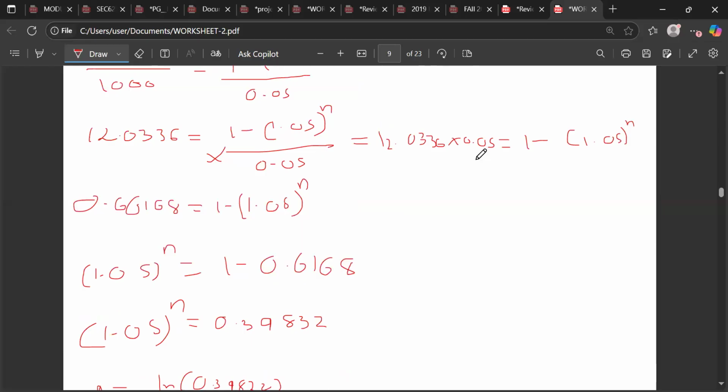Are we okay so far? Okay, so in short, we're trying to get rid of the 0.05 as a denominator on the 1 minus 1.05 to the power n. Yes, exactly.